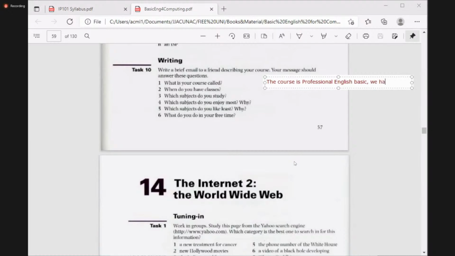We have classes on Mondays from 10 in the morning to 12 noon, or to noon. Next, which subjects do you study? We study technical subjects and grammar. Well, what do you enjoy the most?